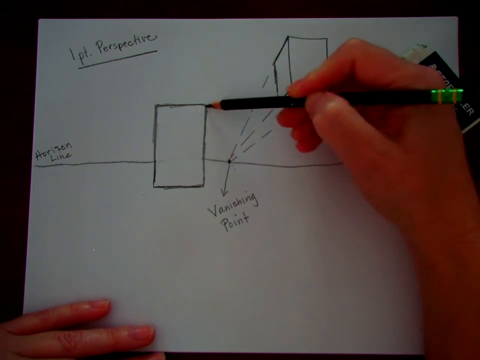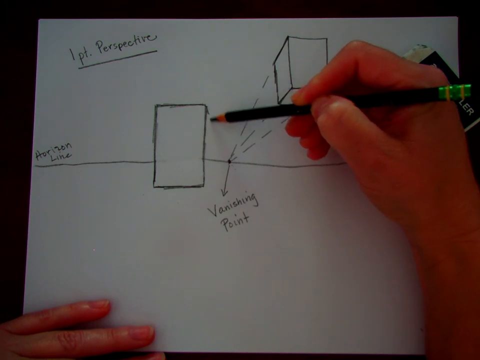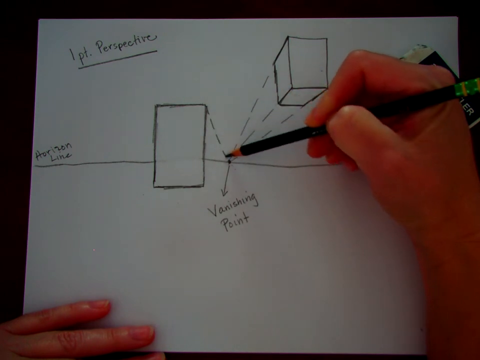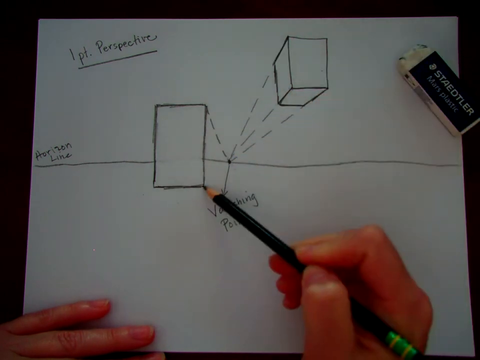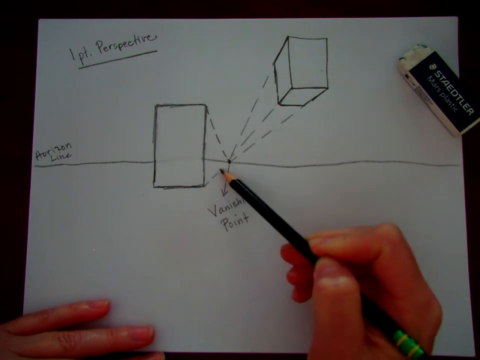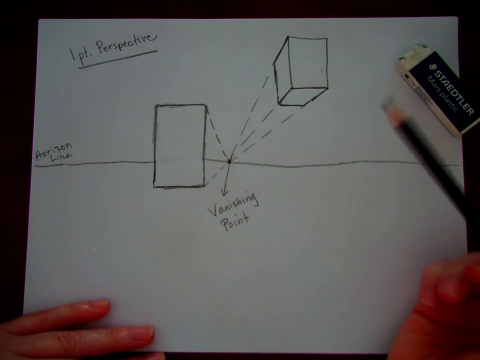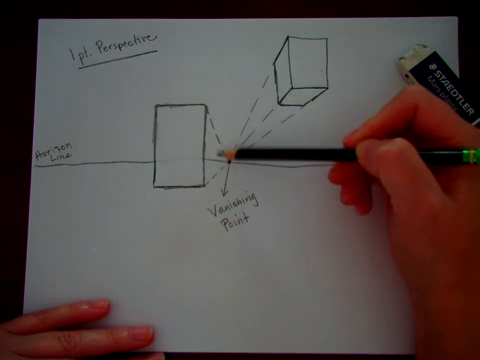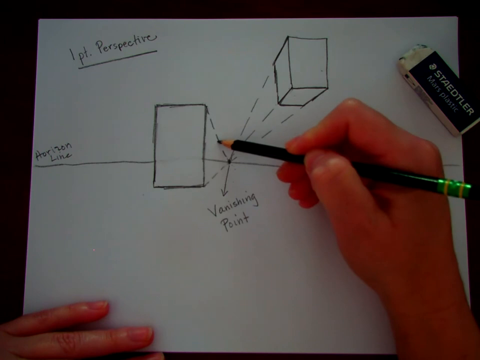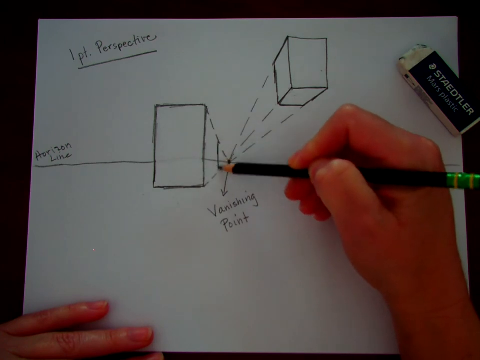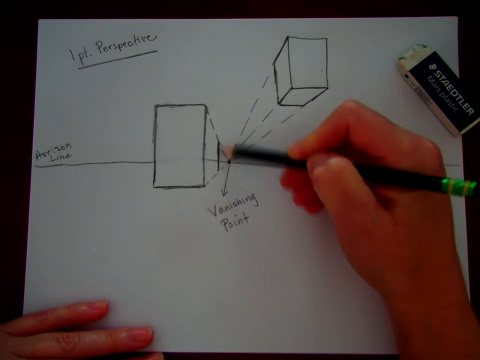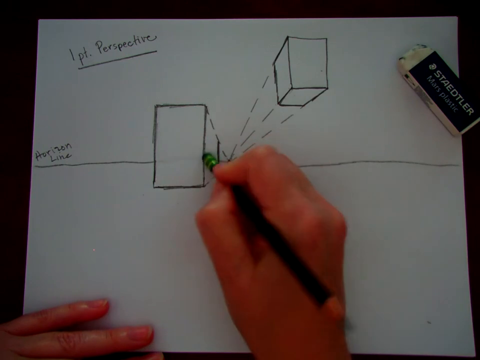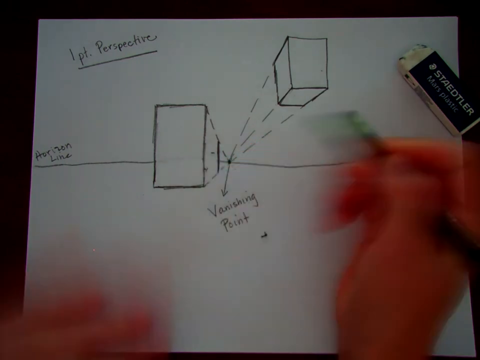We're going to connect a line that goes towards the vanishing point, and another line from the corner of the shape over to the vanishing point. And then again, you decide how wide you want the building to be. I'm going to make it this wide so it's not going over the vanishing point. And then of course, I'm going to erase the horizon line marks, so it's not a transparent building.